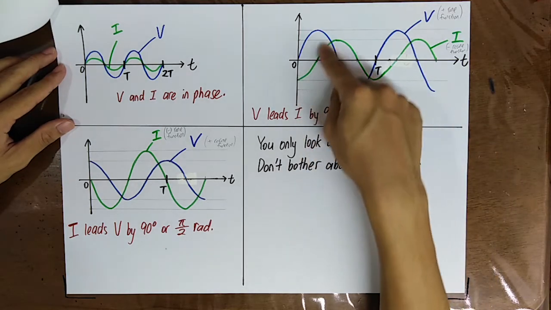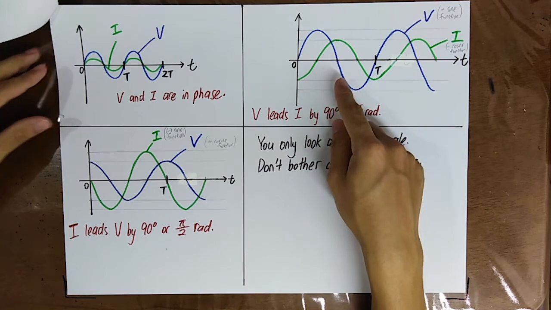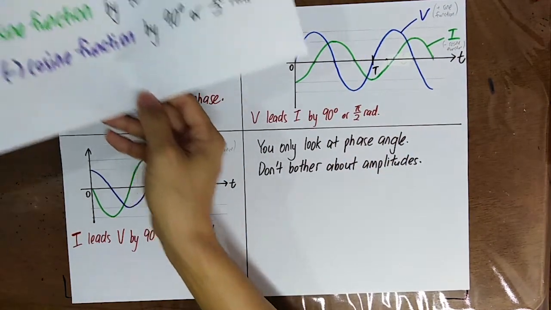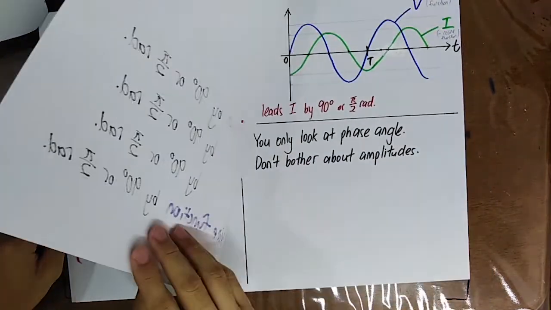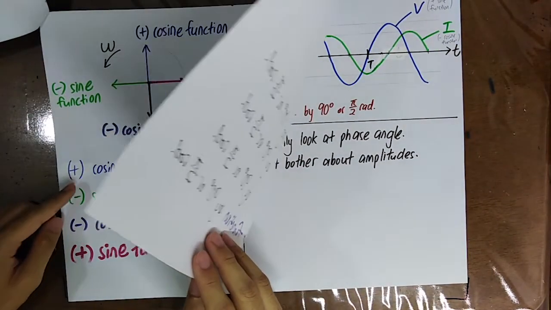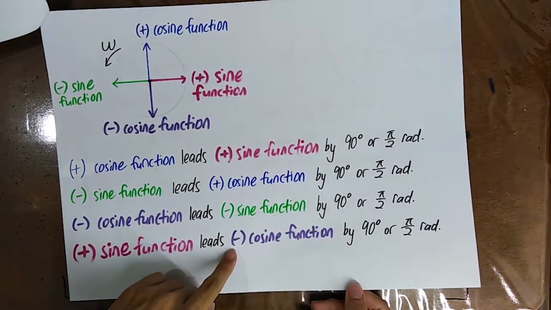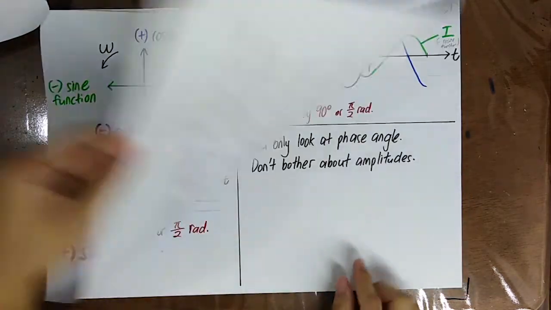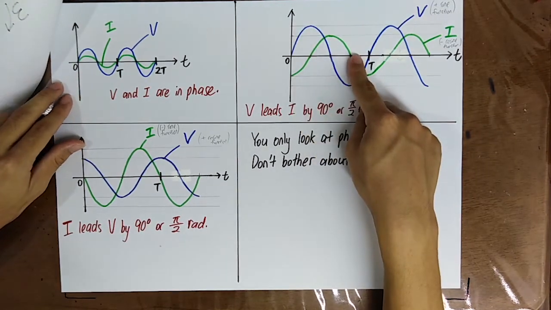This is the negative cosine function. So just now you have already learned what? You learned that the positive sine function leads the negative cosine function by 90 degrees. So you know that V leads I by 90 degrees.